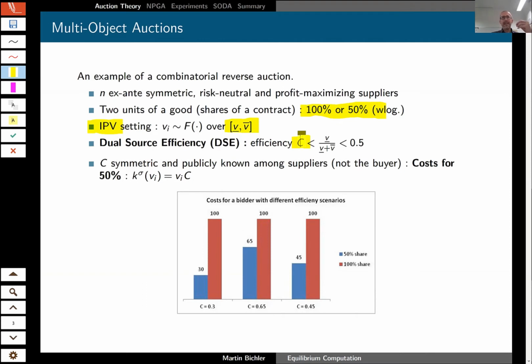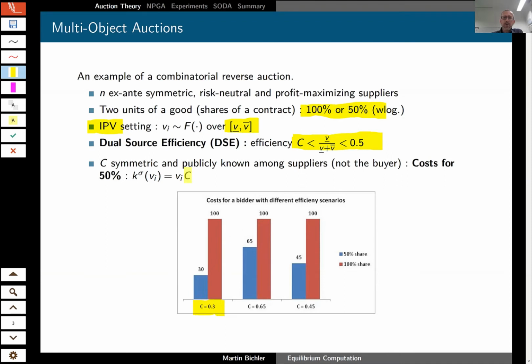This parameter C describes the efficiency in this market, essentially whether you have economies of scale or diseconomies of scale. If you have a parameter C that is rather small, then you would have diseconomies of scale. As an example, you might have a parameter C of 0.3, and the cost for producing 100% of the contract is, say, 100.